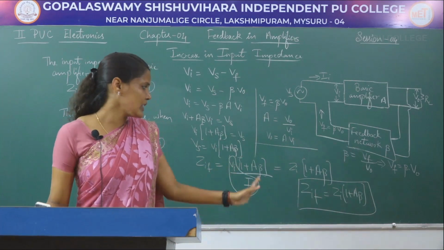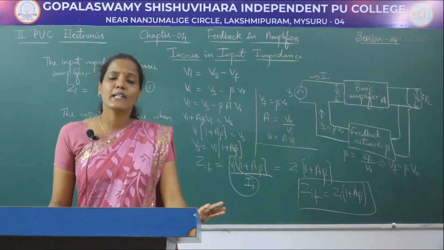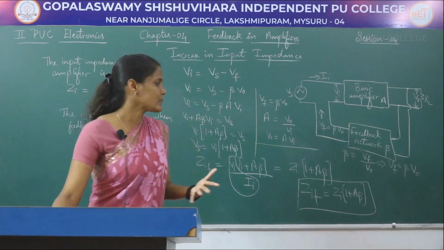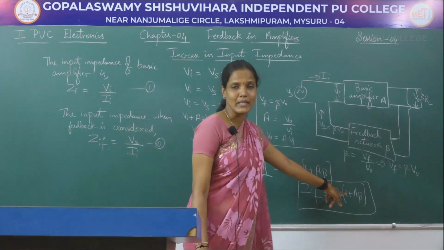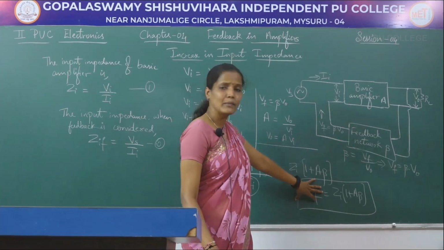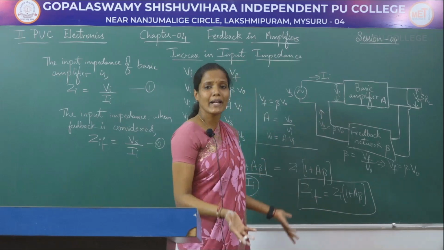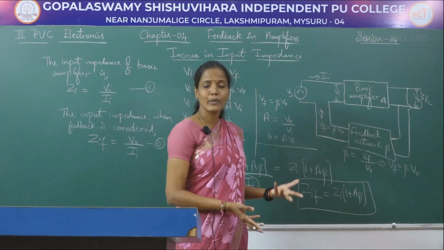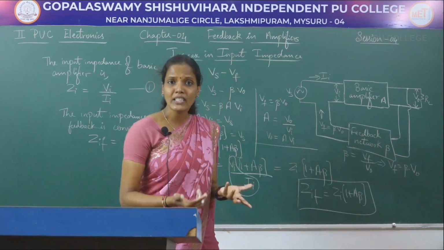From this final expression, we can easily tell that the input impedance will be increased by a factor of 1 plus A beta. ZIF is the input impedance when the feedback is considered, and Zi is the input impedance when feedback is not considered.